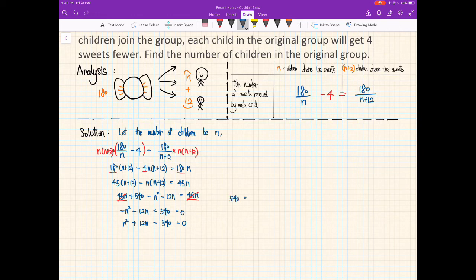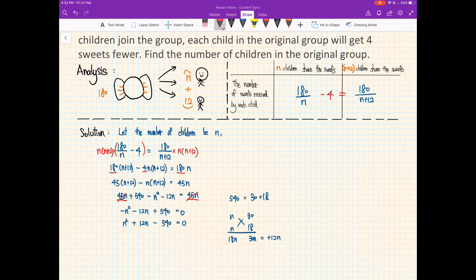540 is equal to 30 times 18. n, 30, 18. 18n, 30n. The sum must be positive 12n.